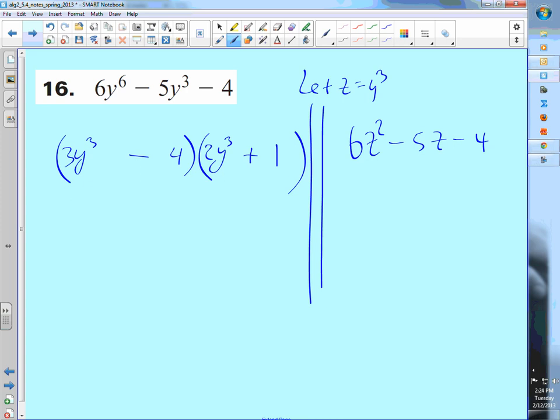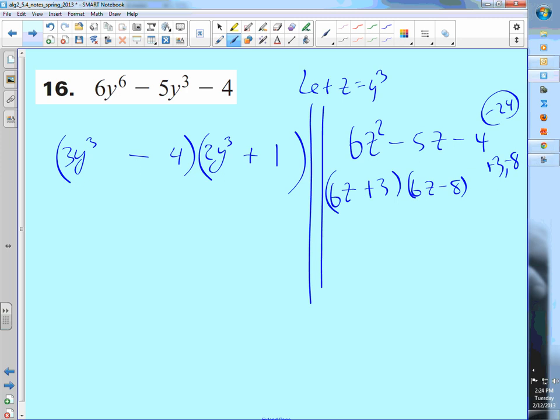And then they might do borrowing from the clouds. You get a negative 24. Factors of 24 that subtract to 5. What would you get? So 3 and 8. And the 8 would get the negative, the 3 the positive.